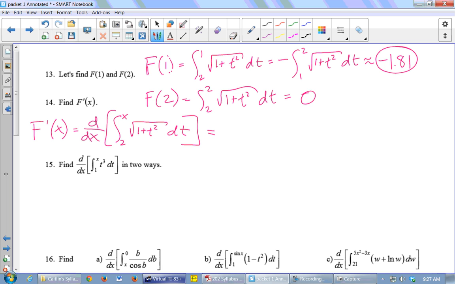And what variable am I going to use, the x or the t? X, because I'm taking d dx, right? This is a function whose variable is x, and if I take d dx, the result should have x's in it. So it is radical 1 plus x squared, the original function in x.